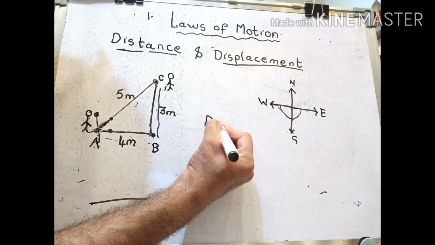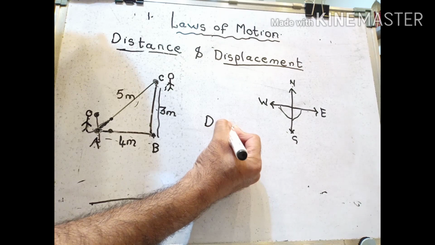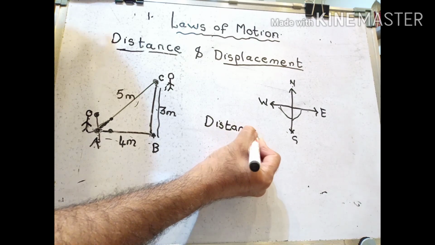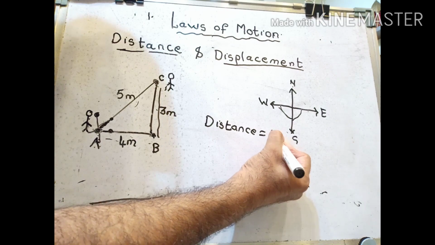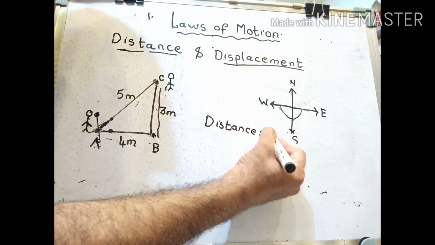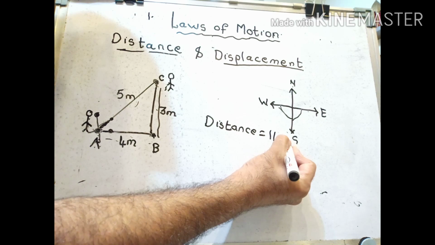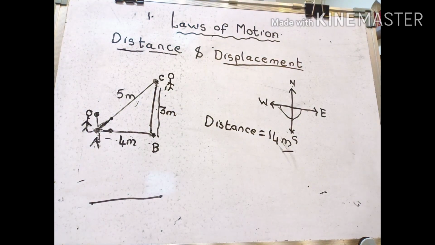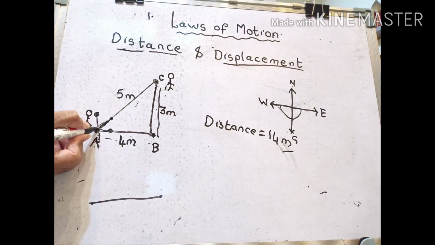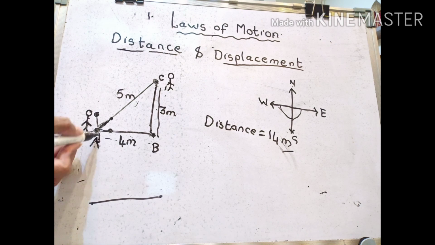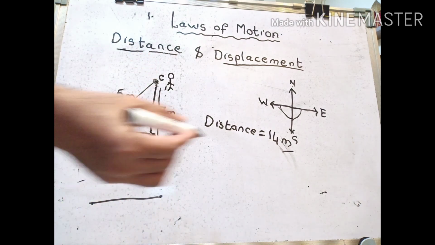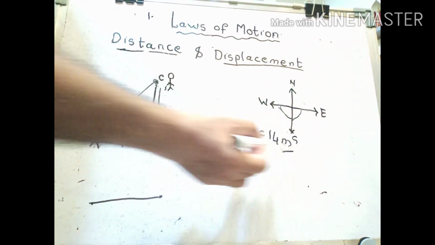Total distance traveled by the person in going and coming back, to and fro, totally how much? 14 meters. 7 meters going and 7 meters coming, that is 14 meters. Now let us talk about displacement when the person has reached the original position. The original position is A. Now the person has come back covering a total distance of 14 meters.